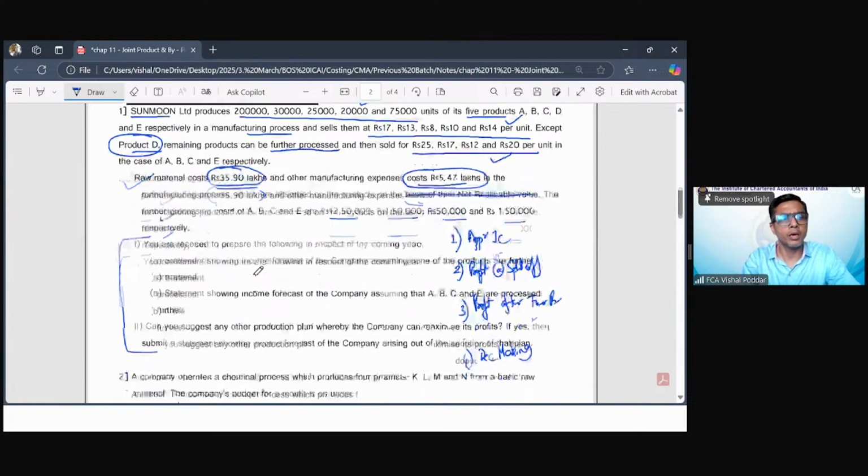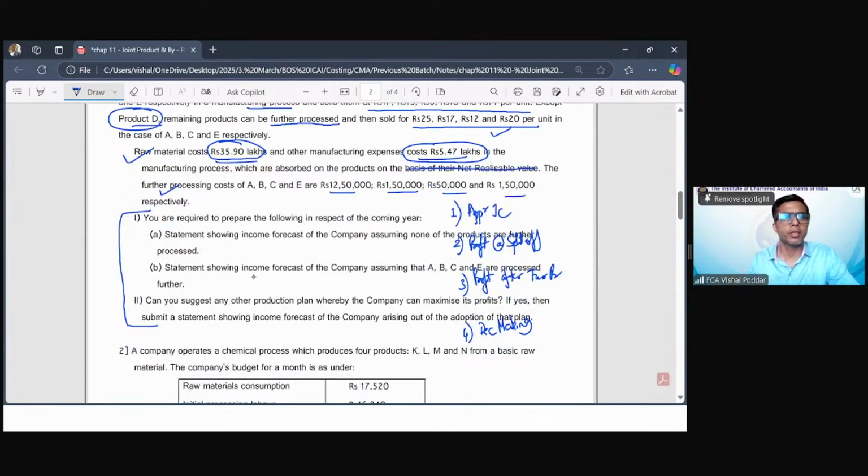If you see here also, they have asked the same thing. First, they're asking you to prepare a statement showing the income forecast, that is the profit, assuming none of the products are further processed. In the second part, they are asking for a statement showing income forecast, assuming that these four products are further processed. So they are asking you to give the profit if you are selling after further processing.